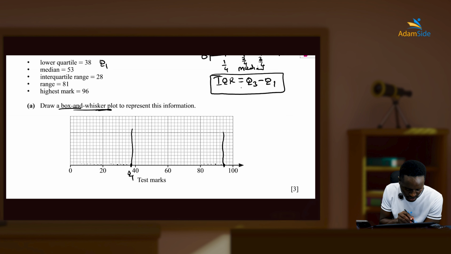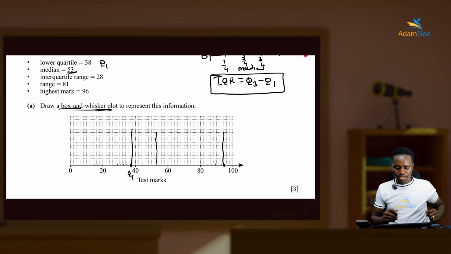The interquartile range is 28. The median is 53. What's Q3?